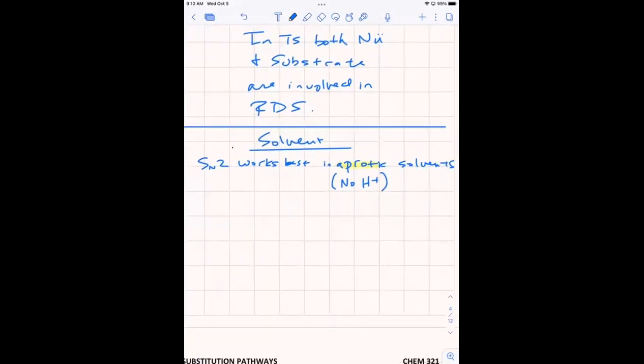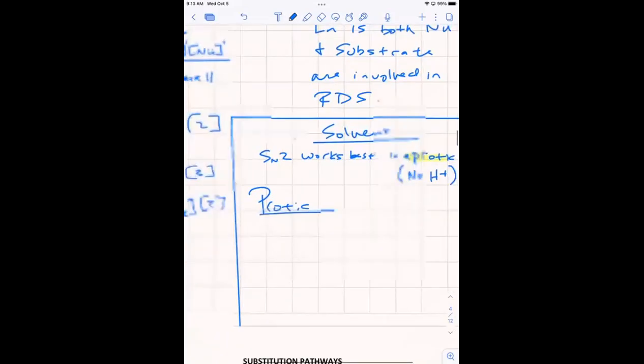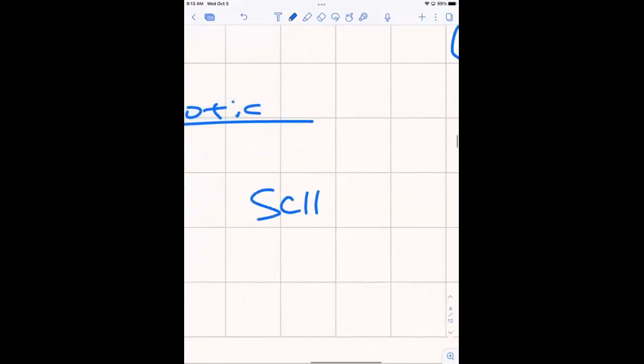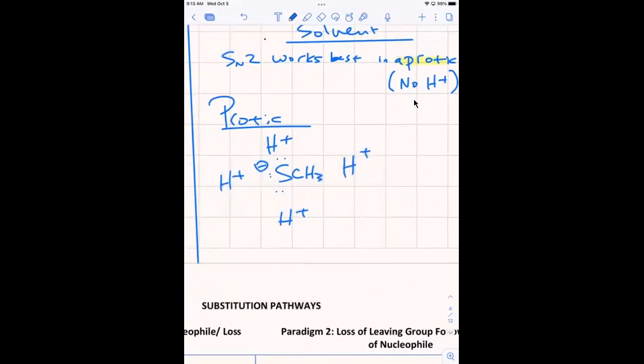So if you do this in a protic solvent, and let's say your nucleophile is one from the example, the protons are just going to surround your nucleophile and lower its energy. This is called solvation.